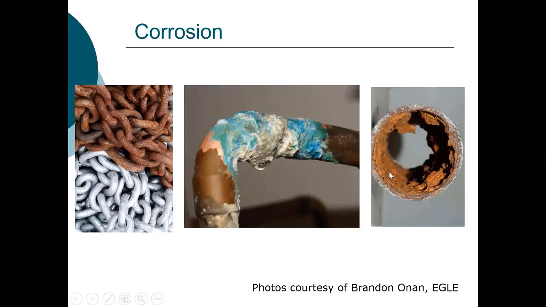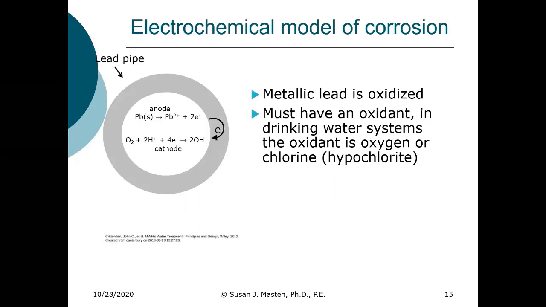In this case, this is an iron pipe. And again, what you see is rust. So that iron has been oxidized to produce a ferric oxide, or in some cases, a ferric hydroxide, depending on how it precipitates. So we can use an electrochemical model of corrosion.